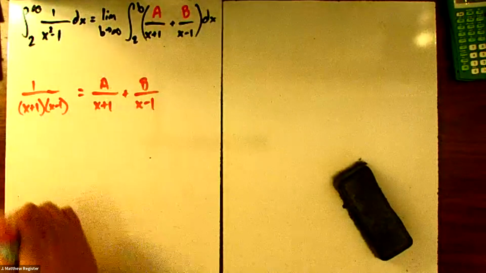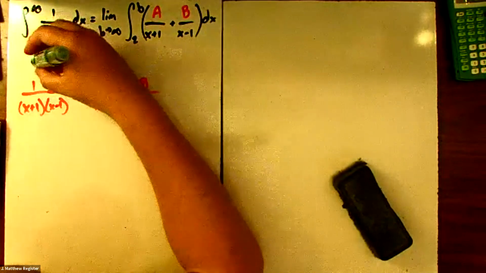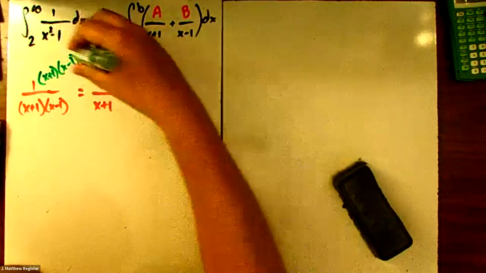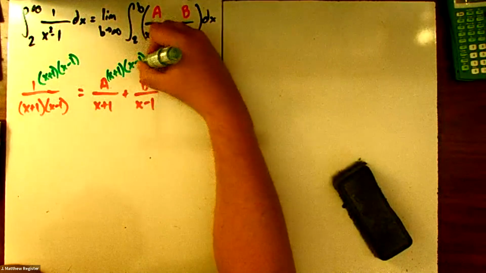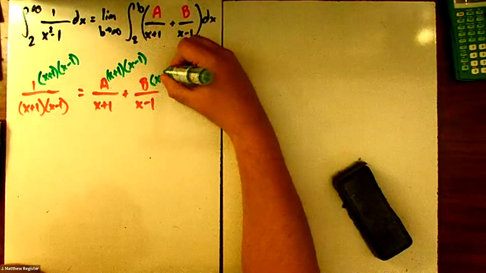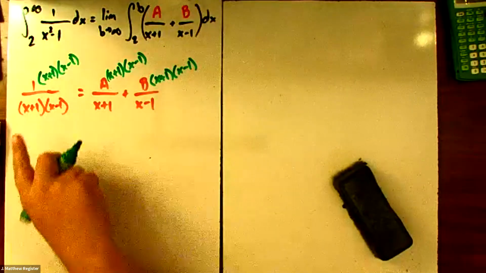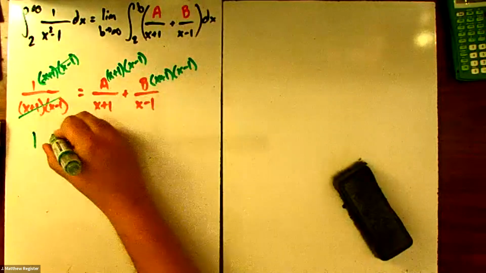Well, we can multiply by the common denominator, which is x plus 1, x minus 1, and we'll do that for every single one of these. For the first one, everything cancels, and so we're left with 1.